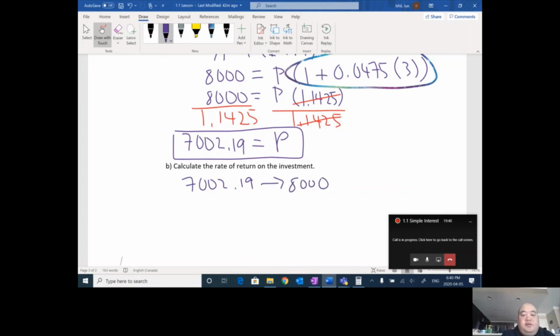To get the rate of return, this has nothing to do with how long you invested, it's just how much it grew by from your initial investment, the principal, to the final amount. To calculate that, you're going to take the 8,000, how much it ended up being worth, and divide it by the initial.